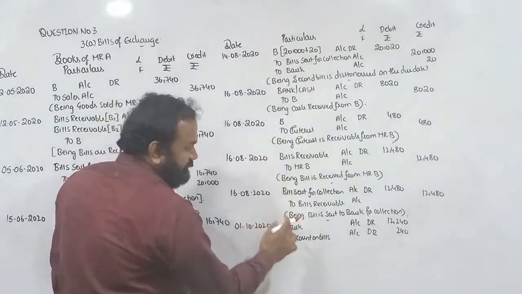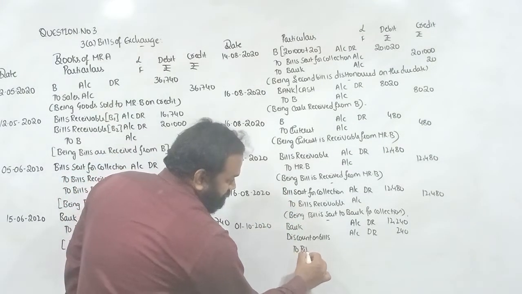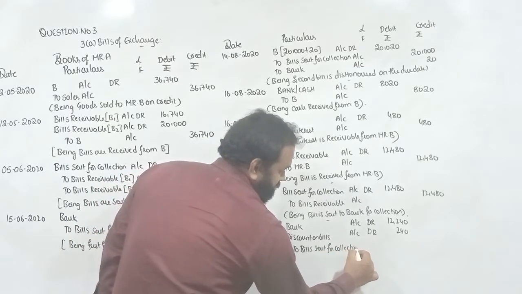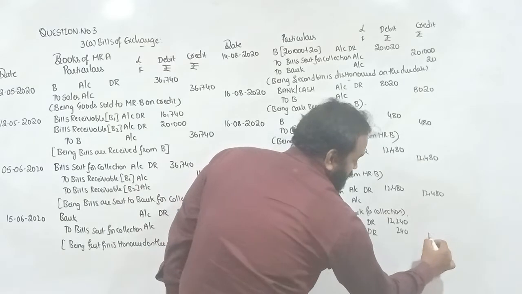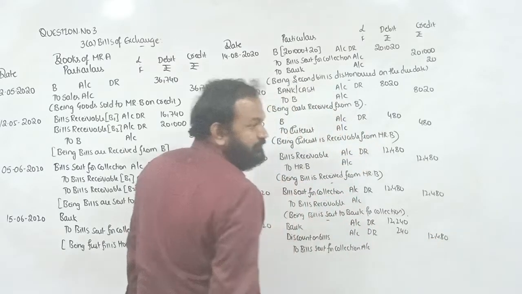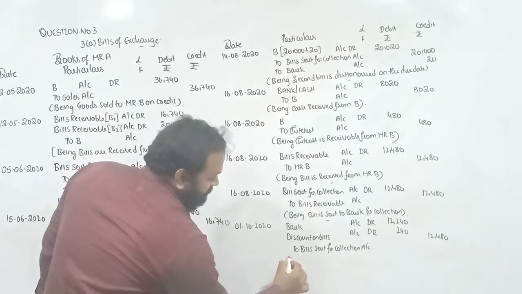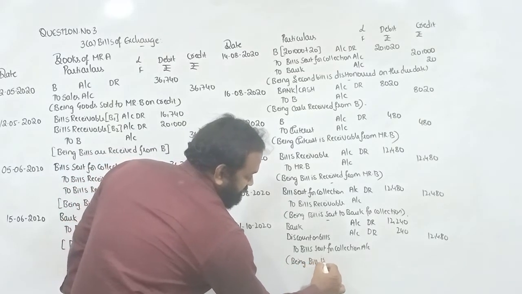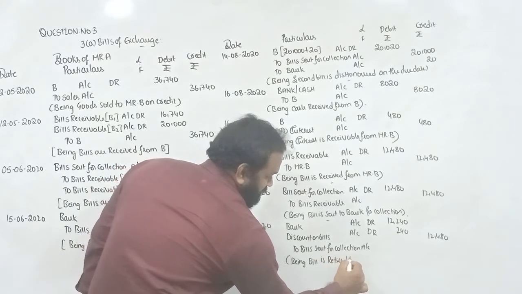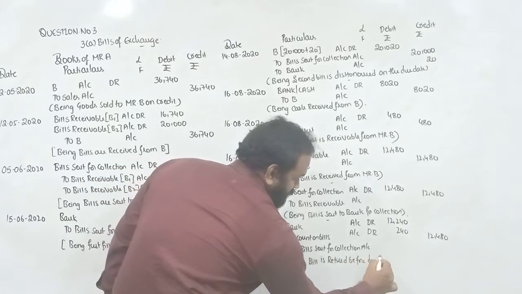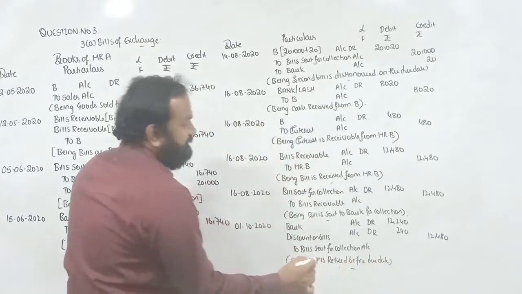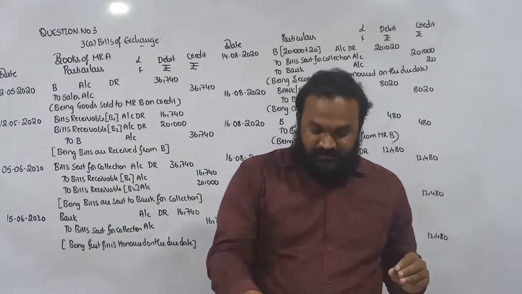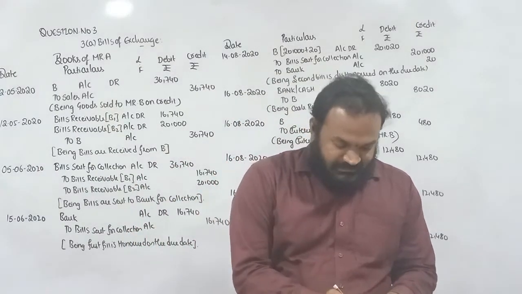Now the bill is with the banker, so bills sent for collection account credit 12,480, being bill is retired before due date. So this is the complete suggested answer for question number 3A, boys and girls.